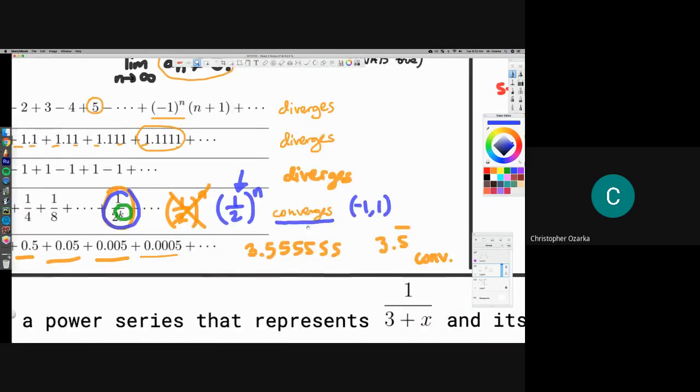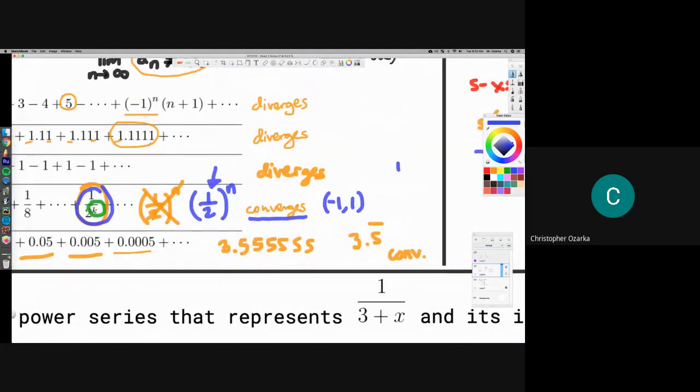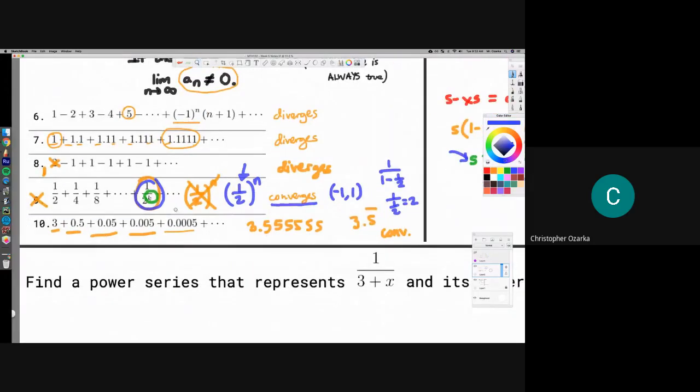And what does this converge to? Check this out. It's going to converge to 1 over 1 minus 1/2. Okay, this is going to be equal to 1 over, I'm sorry, 1 over 1/2, which is equal to 2. Now the reason why it's not actually equal to 2 is because there's not a plus 1 here.